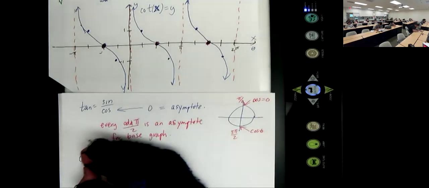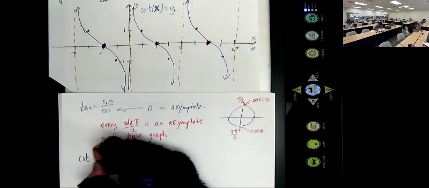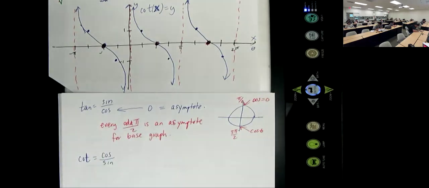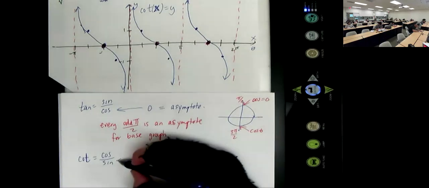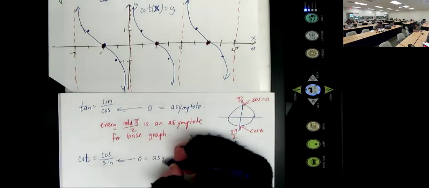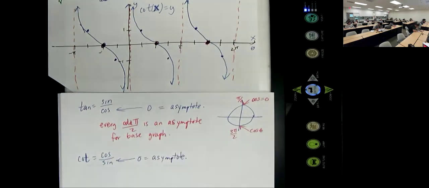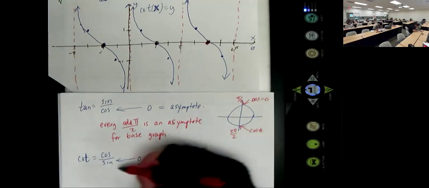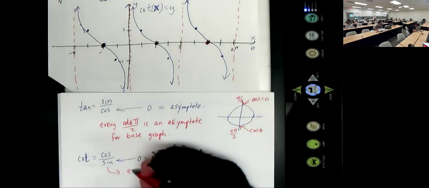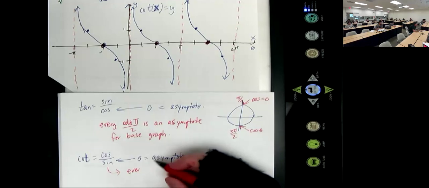Cotangent is cosine over sine. And again, 0 on bottom equals an asymptote. And if you remember your unit circle well with sine and cosine, this occurs at every even pi over 2.